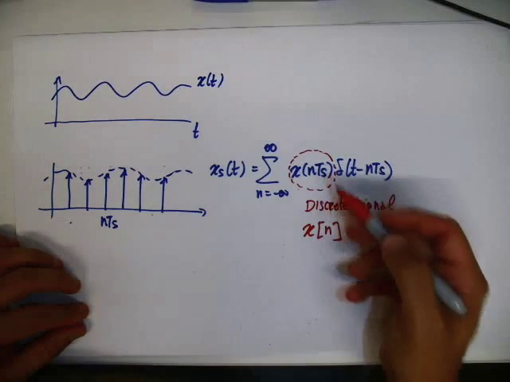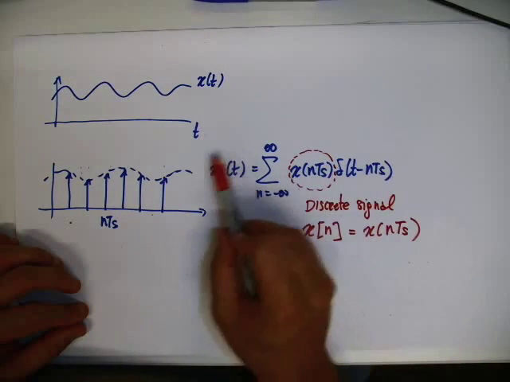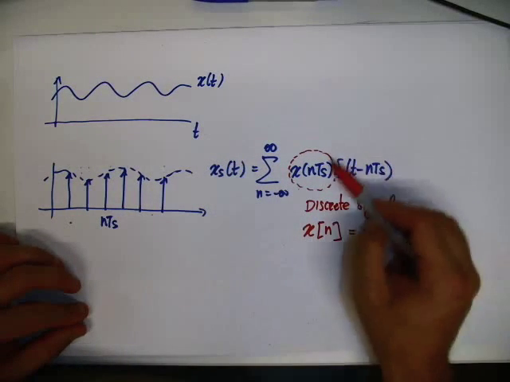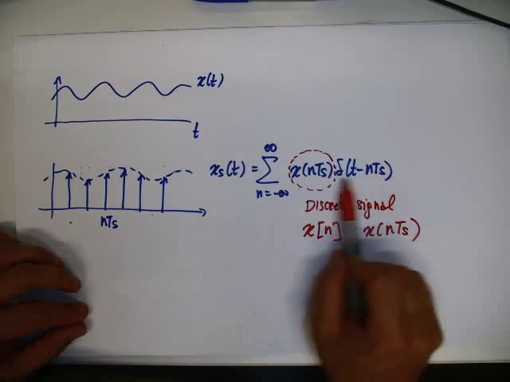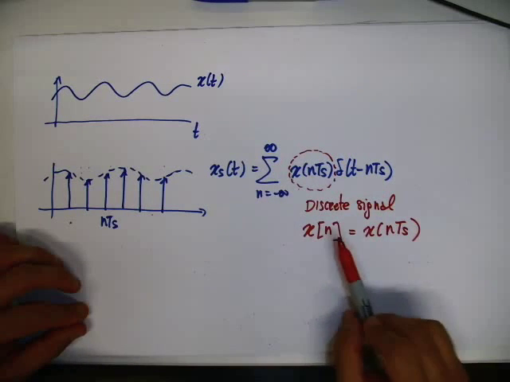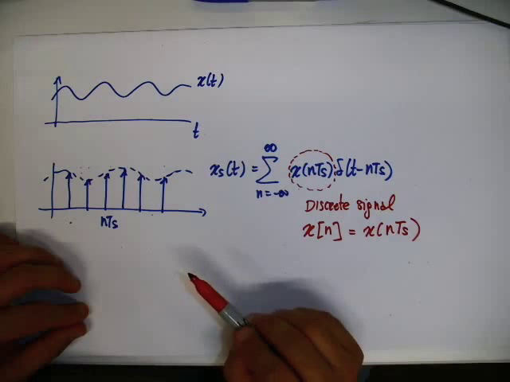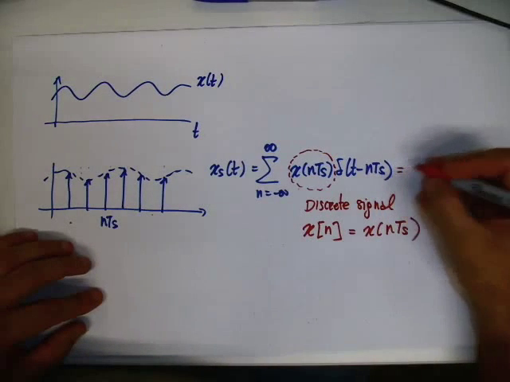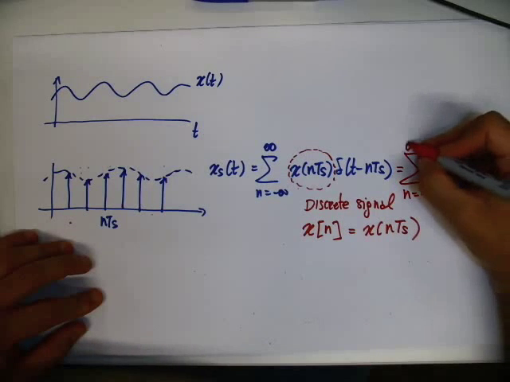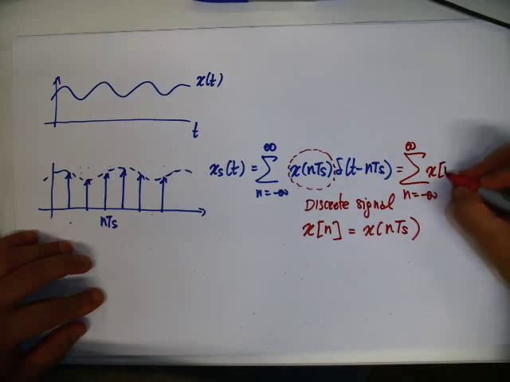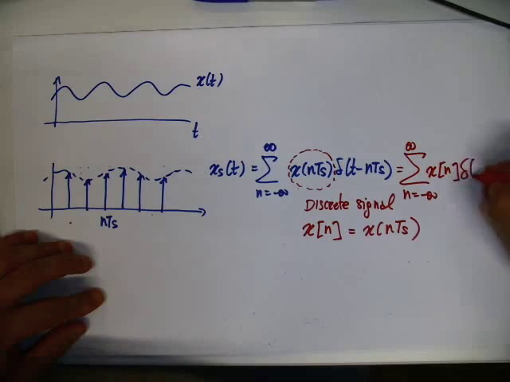However, it is embedded into the discretized signal by means of this delta. So the strength of each delta is basically the discrete signal at time nts. And from now on, I'm going to use this notation, so we call it x n delta t minus nts.